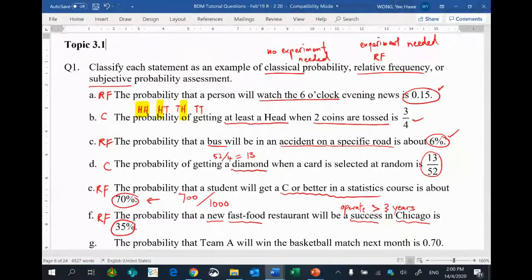Maybe not. So can Team A win? No one knows. It can be a very high chance of winning, but what's the chance? You are not too sure. You can only have a guess. You feel that maybe 90%, maybe 70%, right? So this is called subjective.